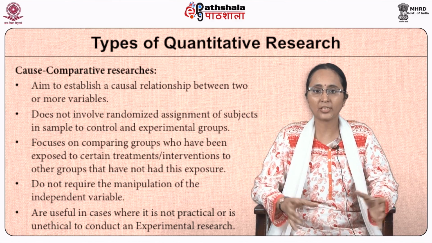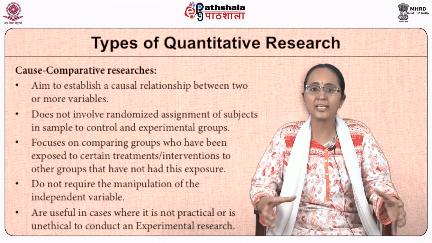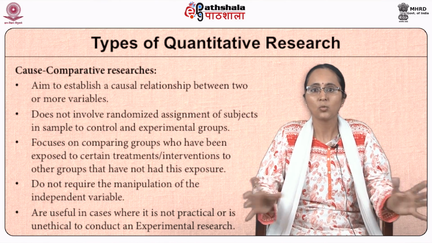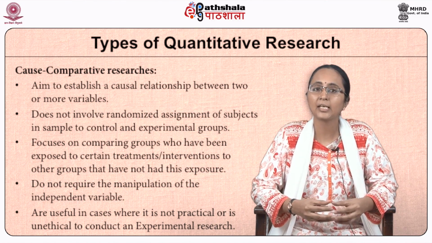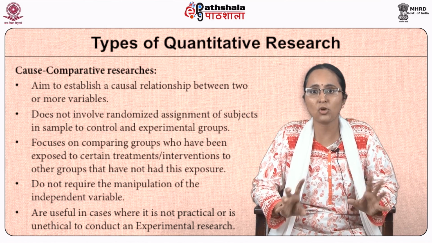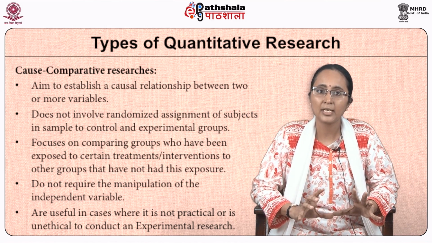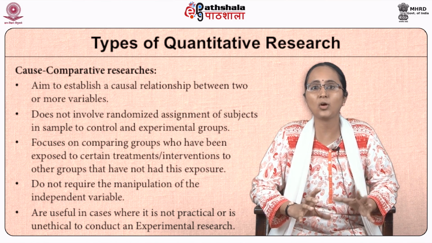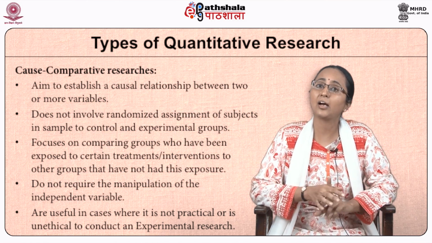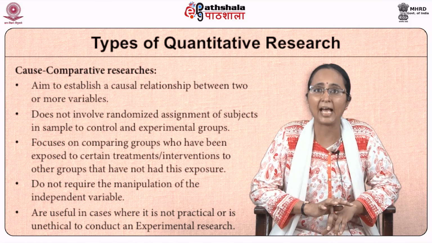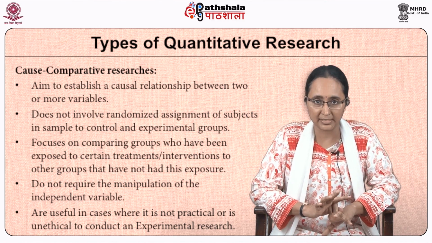Here the focus is on comparing groups that have been exposed to certain treatments with groups that have not been exposed to this treatment. Okay. It does not involve manipulation of independent variable. It is useful where you do not have experimental research, where experimental research is either unethical or impractical.